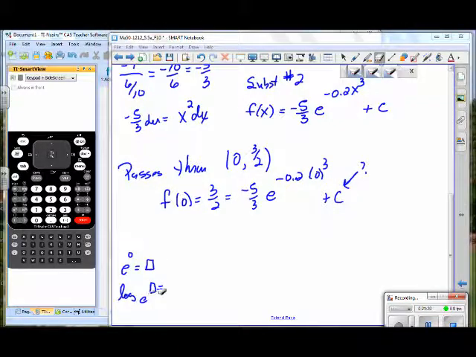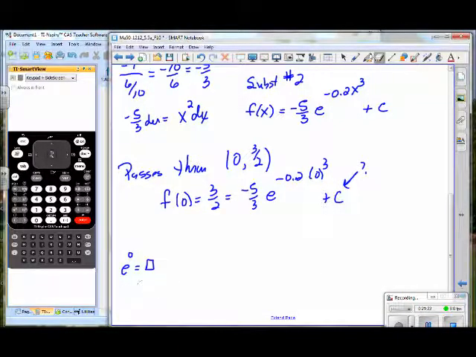Let's start over again on that because we don't need to go into all of that. E to the 0 power is going to be equal to 1, so we have 3/2 equals negative 5/3 times 1 plus c, or that c is equal to 3/2 plus 5/3.